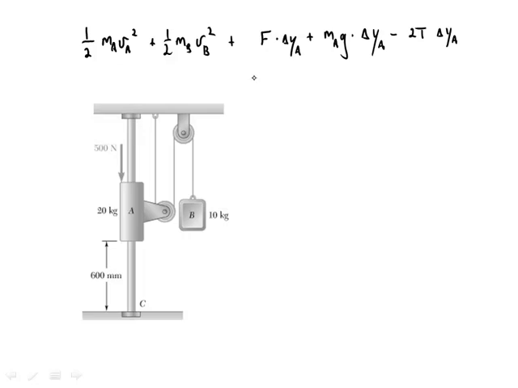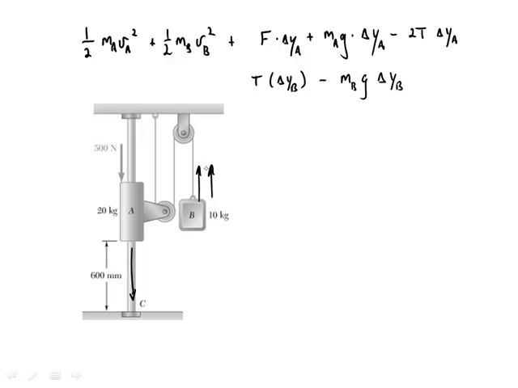on B. Now B, remember, is going up, so I'm going to have plus T times delta y sub B minus m sub B g times delta y sub B. Keep in mind, when A goes down a distance of 0.6, B goes up a distance of 1.2.